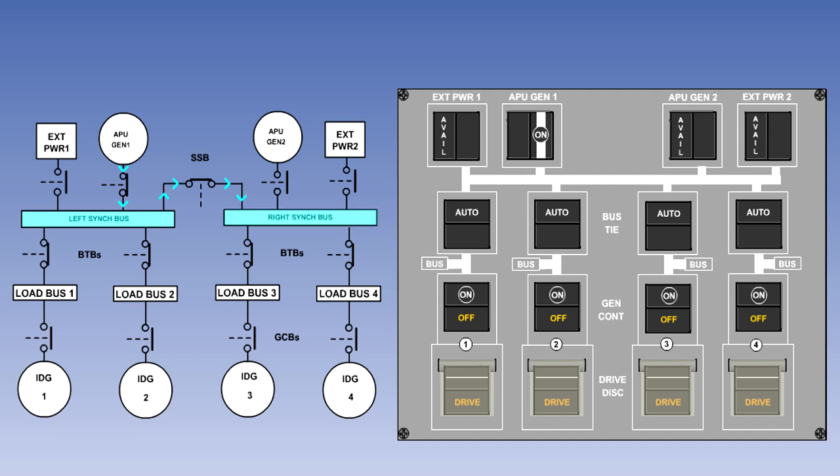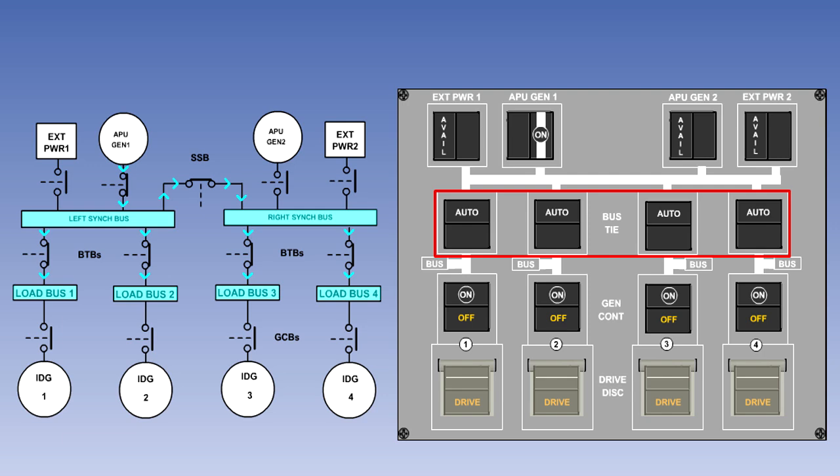The split system breaker is normally closed, unless there is a fault, so the supply will also be fed to the other synchronizing busbar. The bus tie breaker, or BTB, switch lights are normally latched in with auto illuminated. In this position, the BTBs will remain closed unless there is a fault.